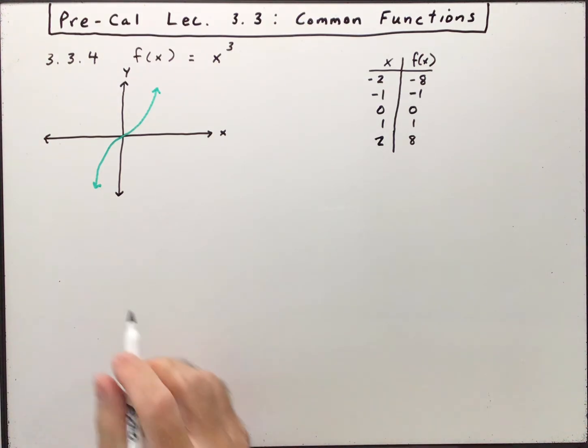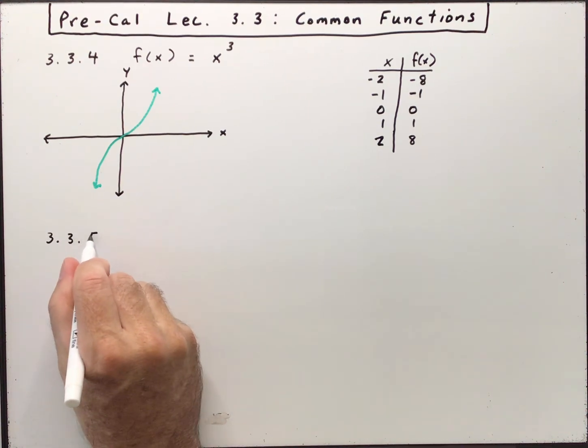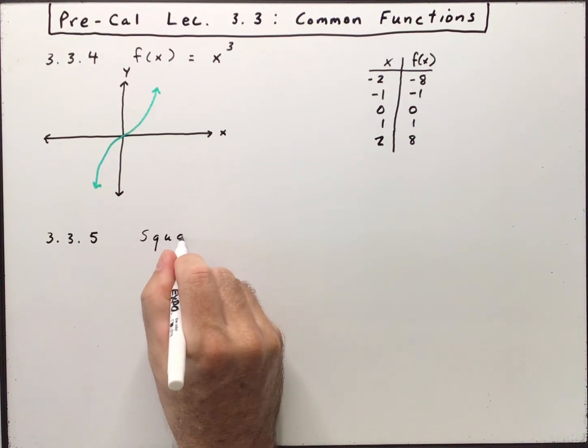I've got room for another one on the board here. Call this 3.3.5. And this is the square root function.